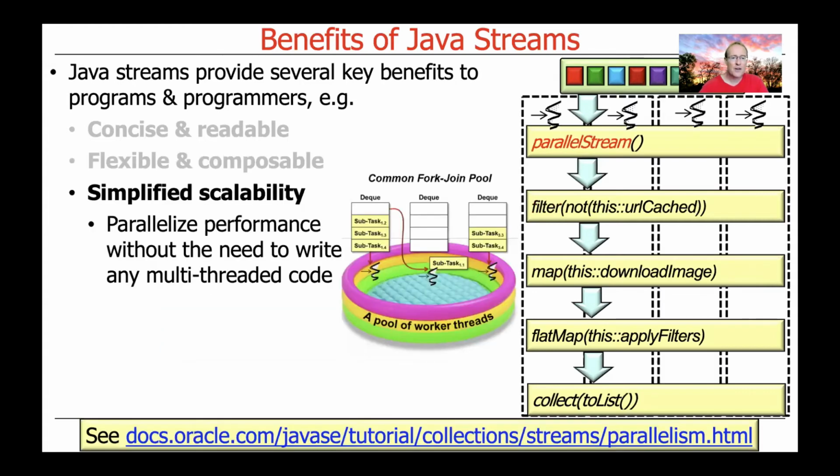Another very important capability that you get with streams is simplified scalability. In particular, it's often, usually, absolutely trivial to parallelize the program's performance and get a speed up, of course, based on the number of cores you've got, that does not require you, the developer, to write any multi-threaded code whatsoever.